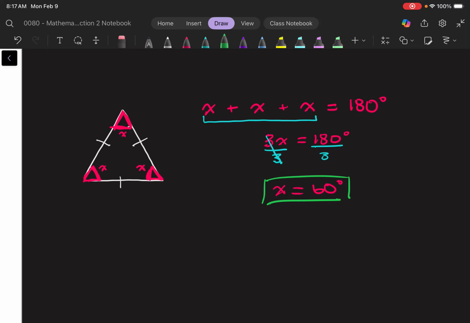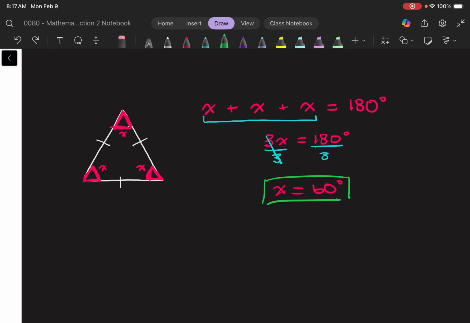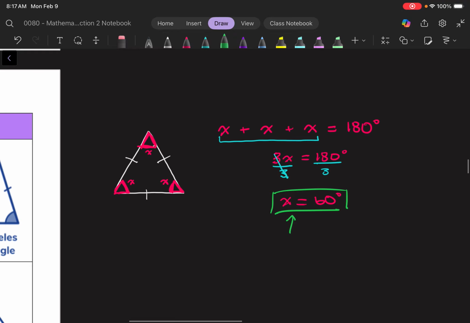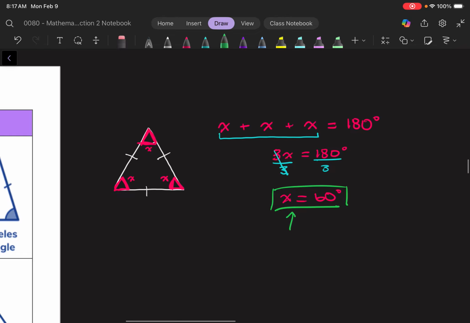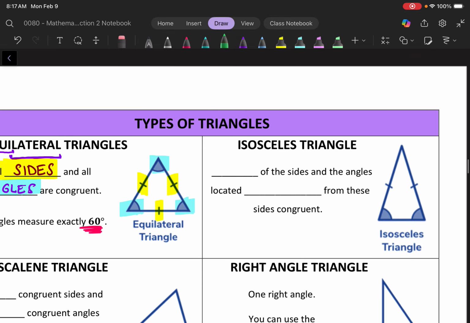So if I give you a question about an equilateral triangle and ask you to find the measure of an angle, you could show me this work, but you also could just know that every single equilateral triangle will have an angle measure of 60 degrees, so you could jump straight to that answer. But this is why. I don't want you to just assume that I'm correct. I want you to know that it's right. So this is why equilateral triangle angles will always measure 60 degrees.